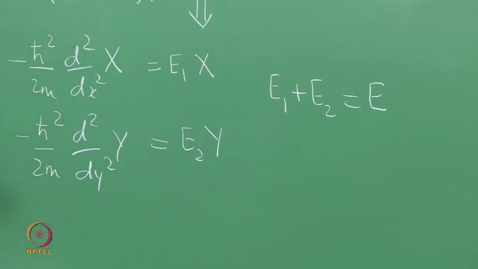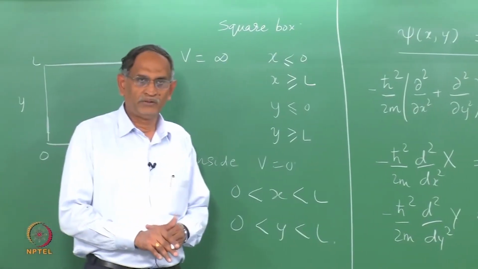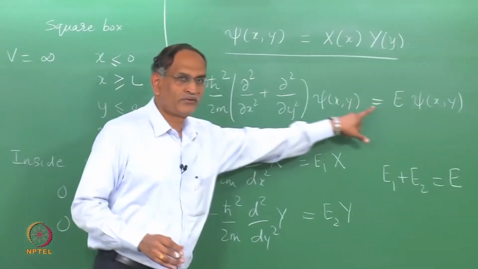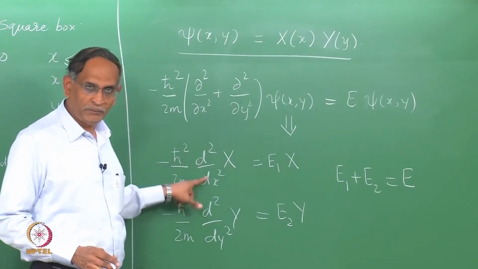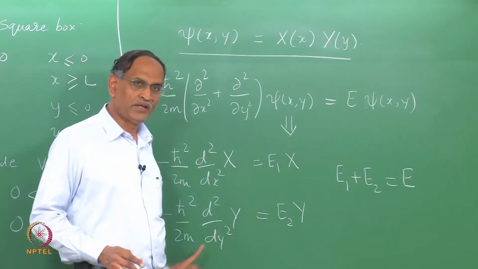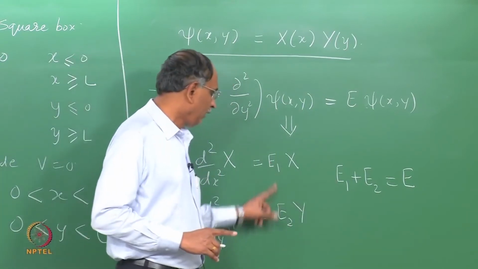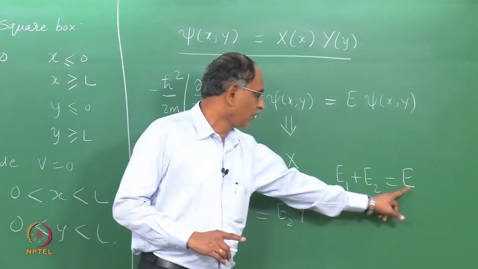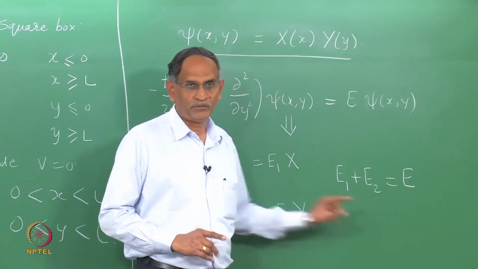The actual separation is given in the notes that accompany this video lecture. Therefore, I would request you to look into that to see how this equation is separated into two one-dimensional equations, one for x and one for y, with the constraint that the energies for the two one-dimensional problems are related to the total energy as the sum E1 plus E2.